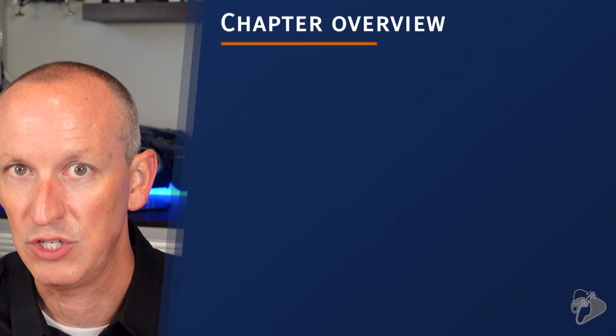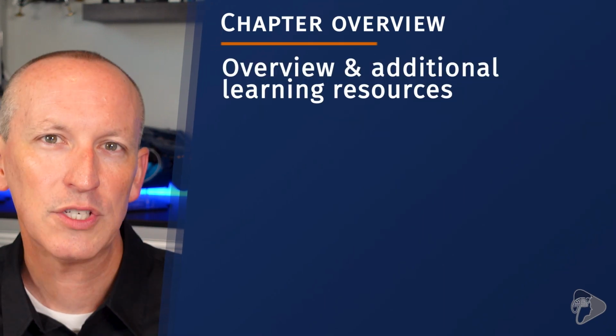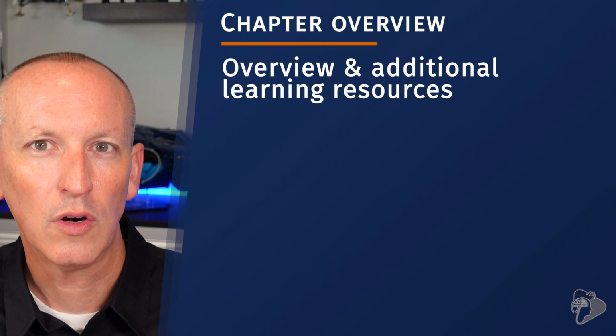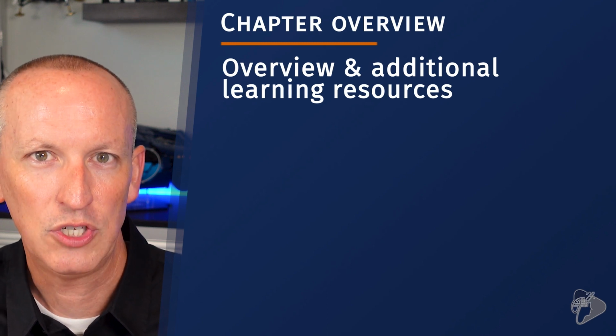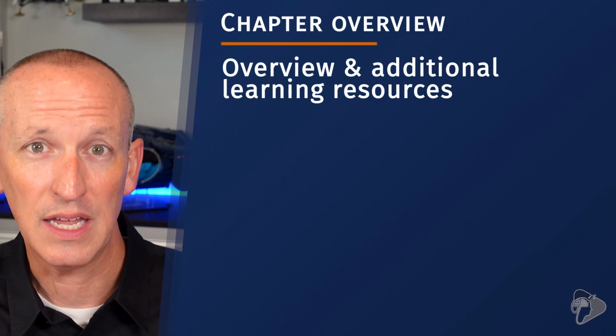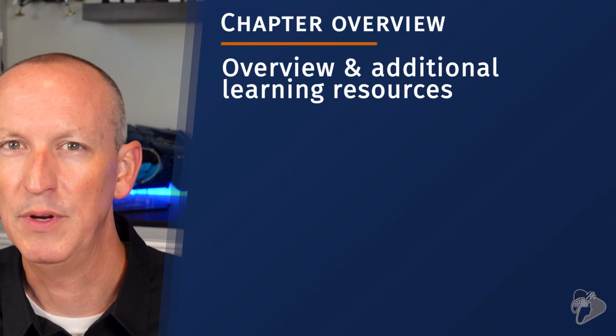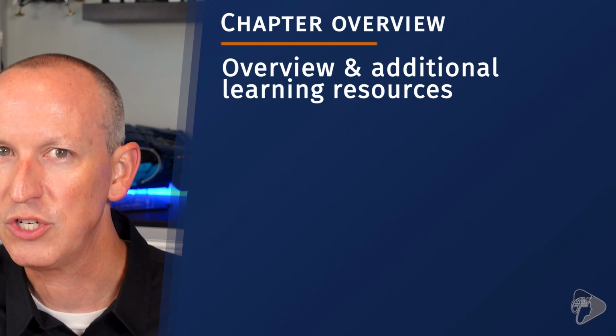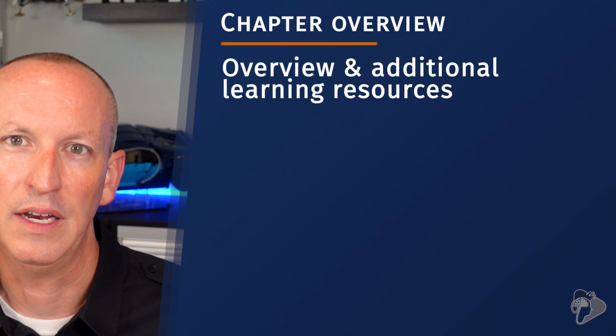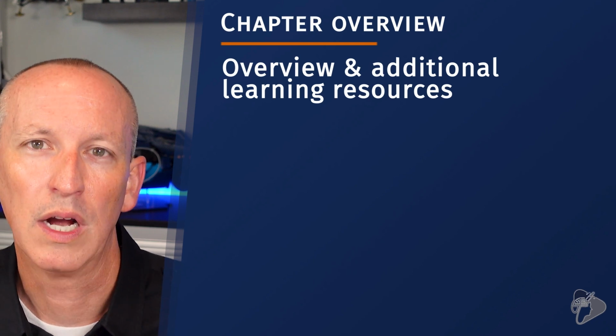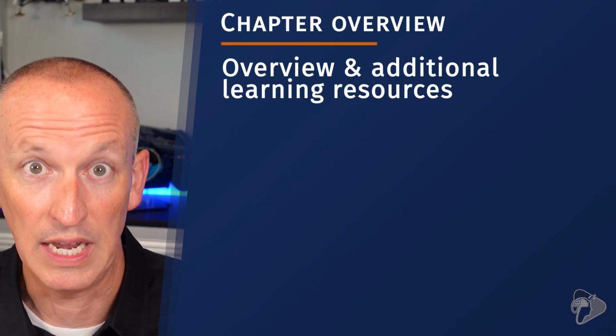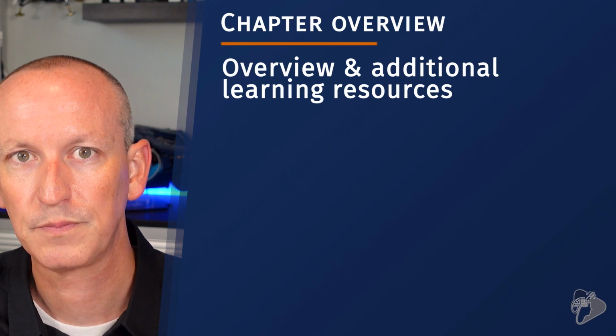Now, let's take a minute to explore what lessons you're going to find in this chapter so you know what you can expect as you proceed through the rest of this chapter. In this current overview lesson, you're going to learn what the Design Collaborative App Solutions chapter is all about. And in the next slide, I'm going to wrap up this lesson with some additional learning resources. So be sure to check the notes under this lesson and in the video below for a collection of all the external references that I use throughout this chapter.